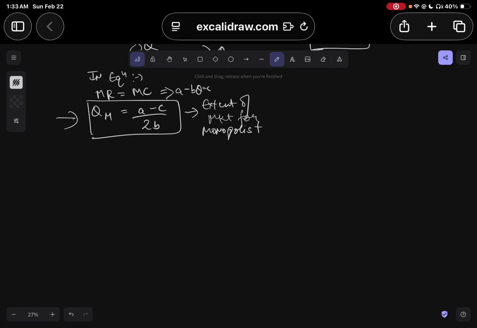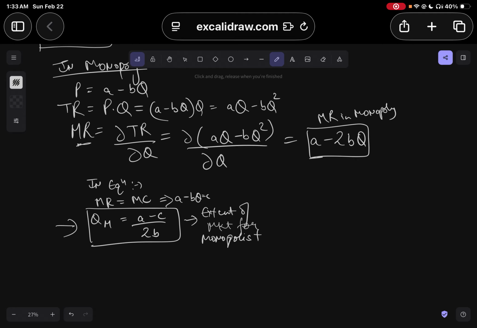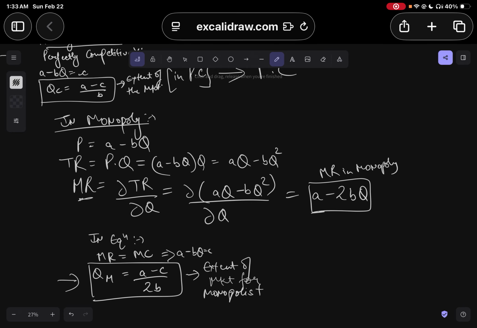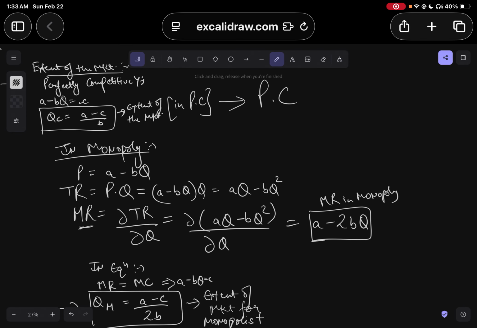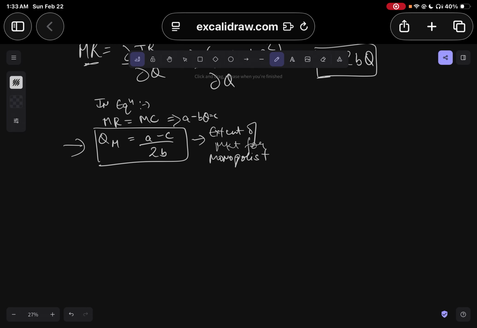So if someone asks you to derive mathematically how one can tell that monopoly in an economy is bad in terms of output, you can just show how the output turns to half in case of monopoly compared to perfect competition, which is for sure very bad in the output arena and for the consumers and for the economy. Now let's go for the equilibrium determination in Cournot.